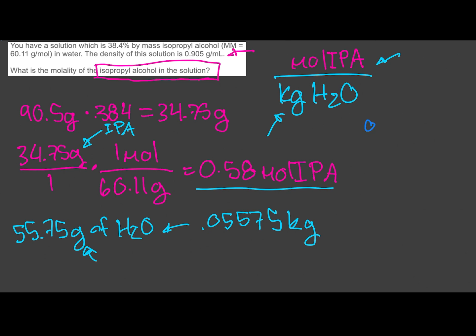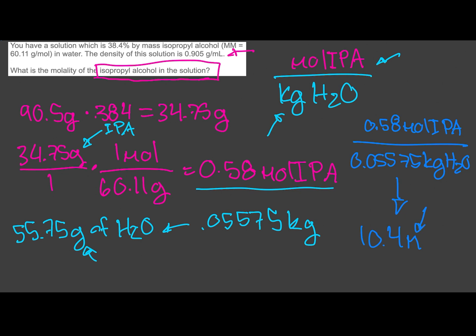So moles IPA over 0.05575 kilograms of H2O. When I calculate that out, I am going to get a molality of roughly 10.4. Remember, molal is represented with a lowercase m. So this right here is the molality of IPA in solution.